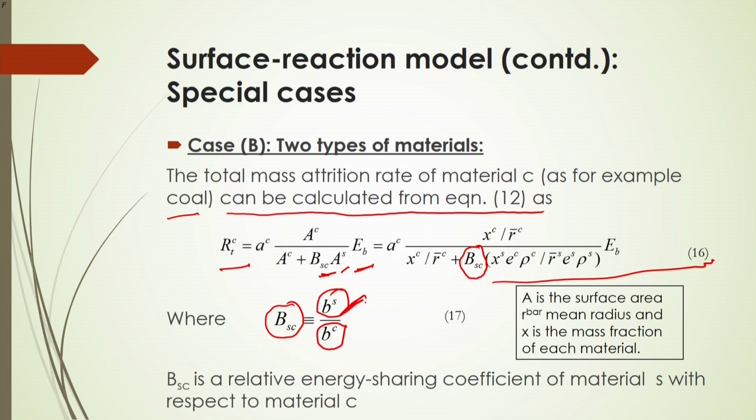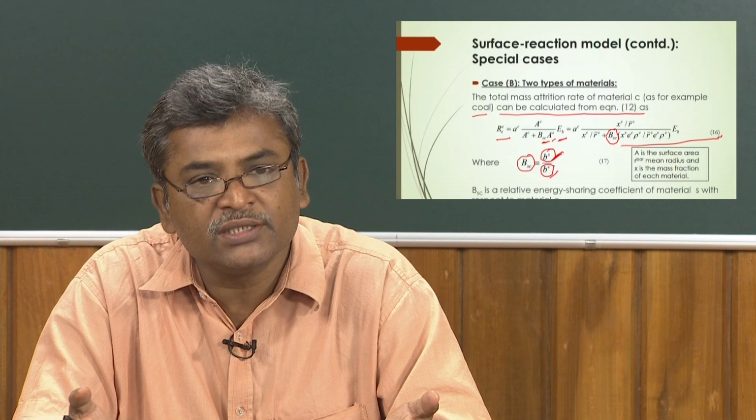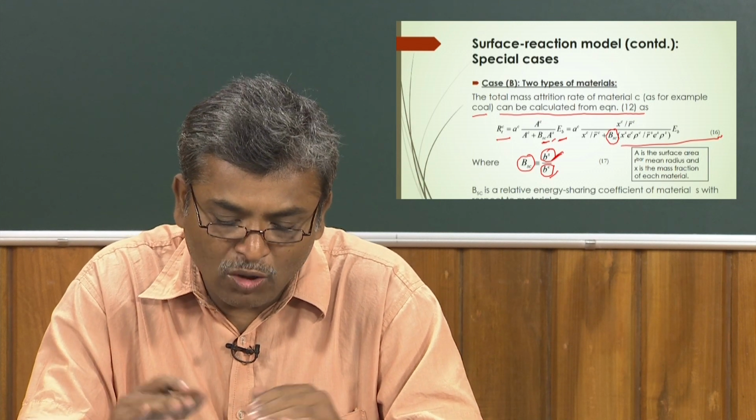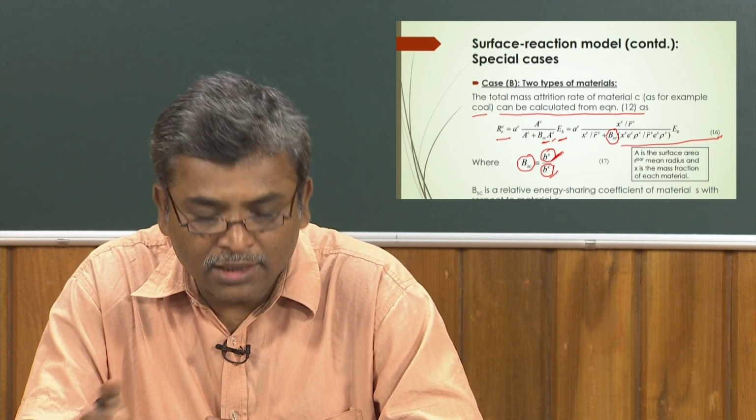BS is the energy sharing coefficient for sand, and BC is the energy sharing coefficient for C, that is coal. A is the surface area, R bar is the mean radius, X is the mass fraction of the material, and BSC is the relative energy sharing coefficient of material S with respect to material C. From this relation you can calculate the total mass attrition rate for coal if there is a mixture of coal and sand, based on the parameters of sand.